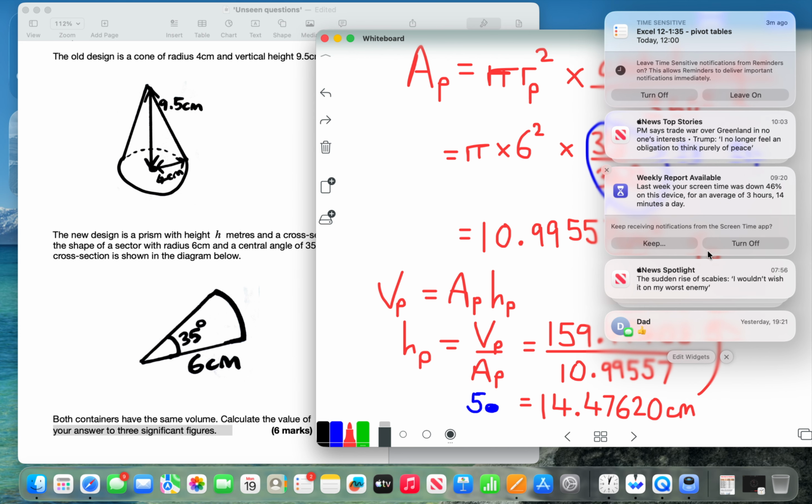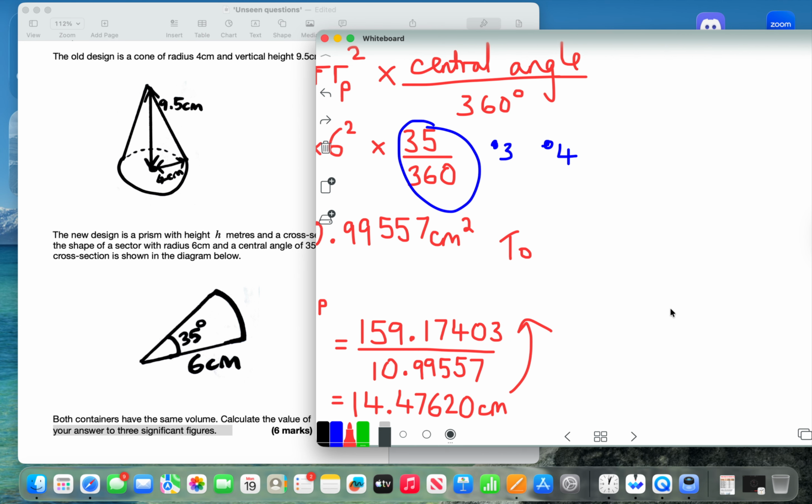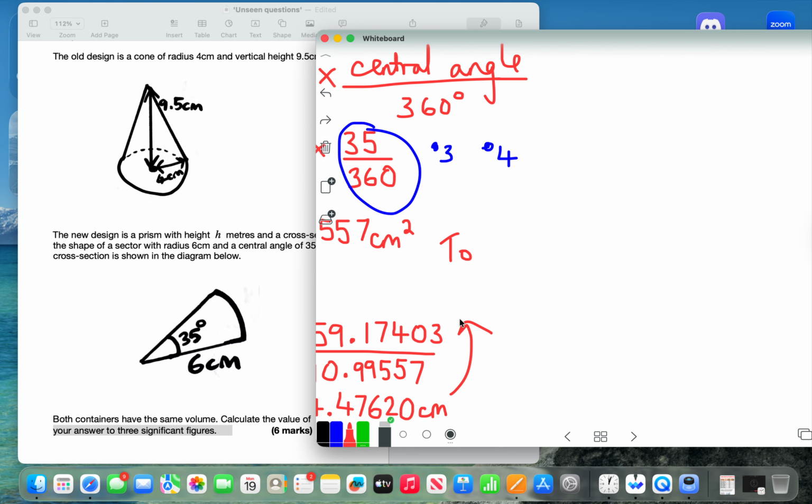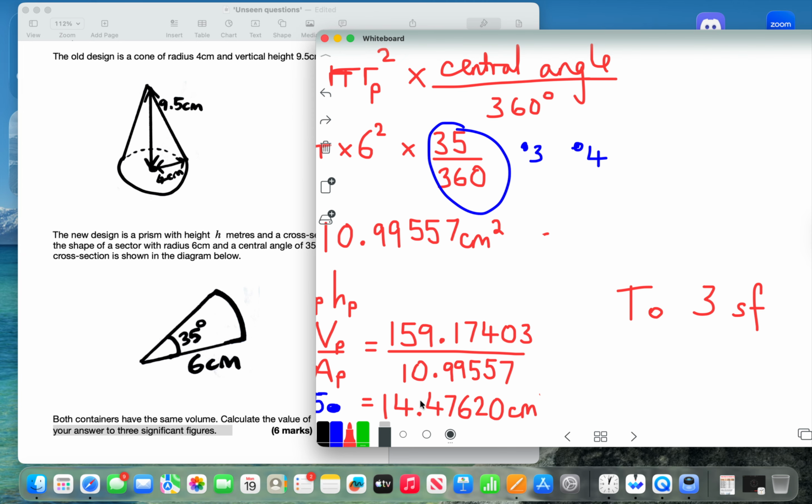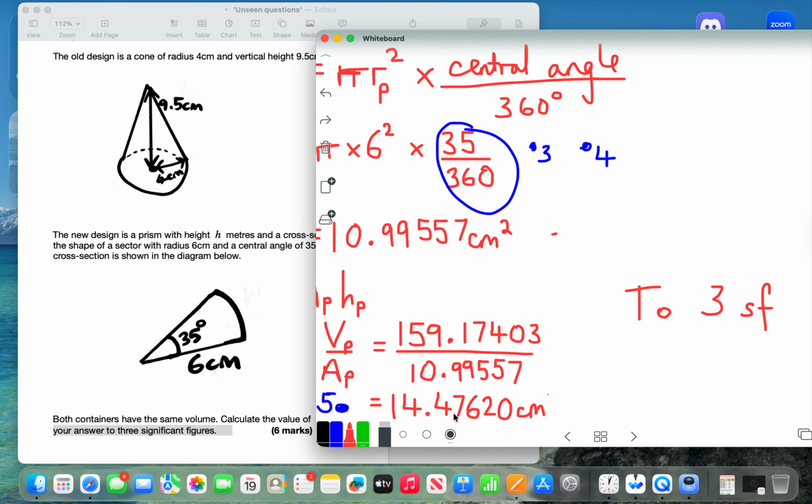Ran out of space, so I will do it. In fact, I can actually do it here. So to three significant figures, if we go 3 digits in, so 1, 2, 3, the digit after the 4 is a 7, which is greater than 5, so we can round the 4 up to 5 and get 14.5.